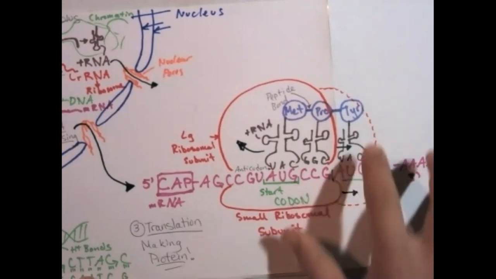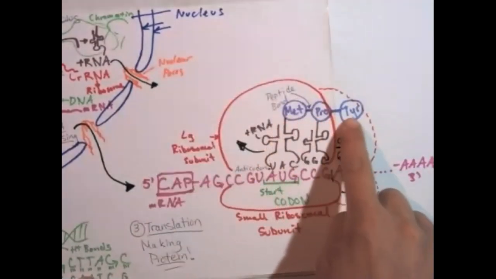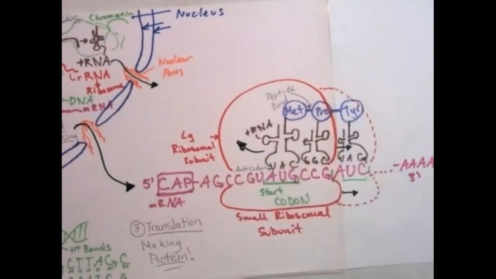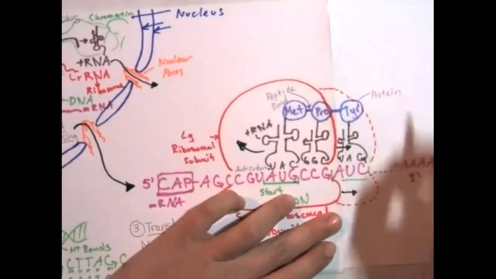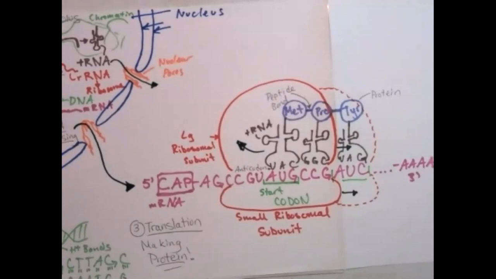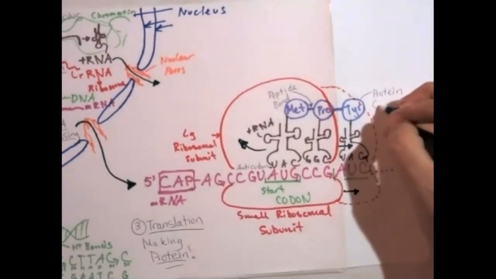The product of this entire process is a chain of amino acids, which we call a peptide or a polypeptide. Okay, so in purple here, this is our developing protein. All right, not done yet. Okay, which is made of amino acids.